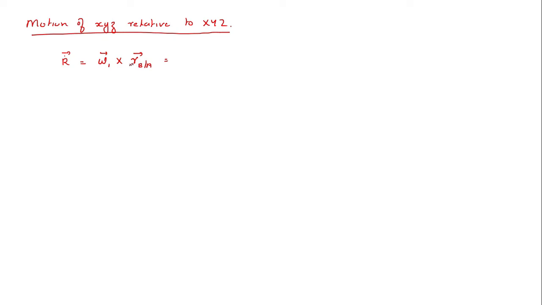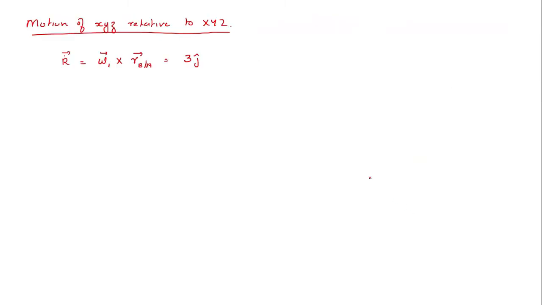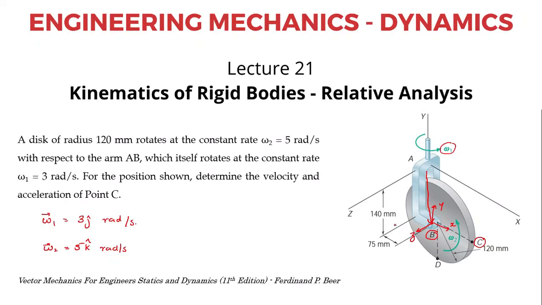which will be equal to omega 1 vector, 3j cap, cross r_B with respect to A. Now r_B with respect to A vector is not a constant one, it keeps on rotating, so it will have different values. But at this particular instant, r_B with respect to A will be equal to, in this figure you can see along the x-axis it is 75 mm, and along the negative y-axis it is minus 140 mm.